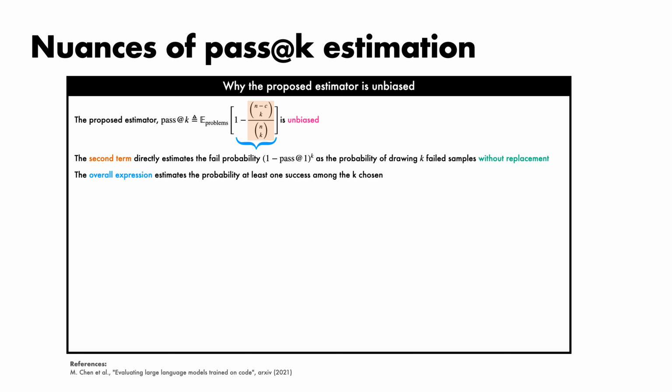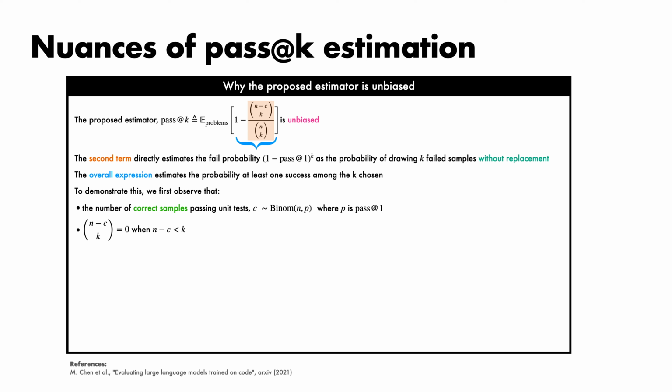The overall expression, i.e. 1 minus the quantity in orange, therefore estimates the probability of achieving at least one successful sample among the k samples. To demonstrate that the estimator reduces to the form that we want, we make 2 observations. First, the total number of samples that pass the unit tests among n samples is distributed according to the binomial distribution, where p is the pass@1 value. We also note that the expressions of the form n minus c choose k take the value of 0 whenever n minus c is less than k.